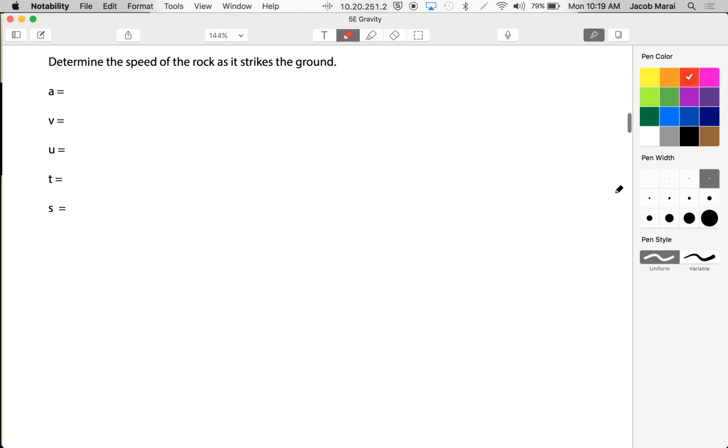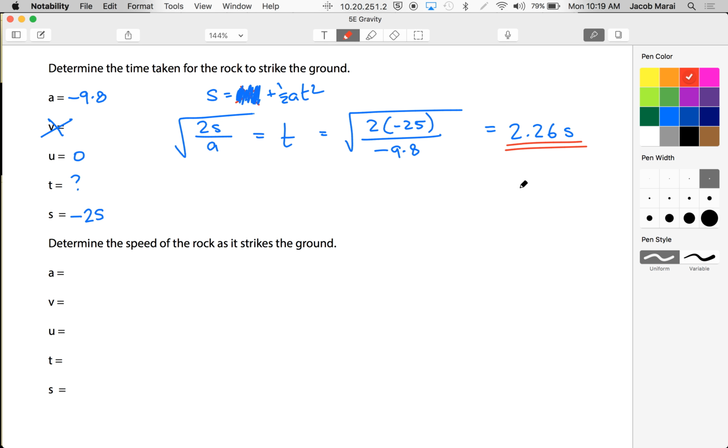Last question. Again, we've got extra info here. 2.26, negative 25. There might be a plethora, or there's probably 2 or 3 equations we could use. I would suggest you pick the easiest equation. Which of the Suvat equations is the easiest to solve for V?